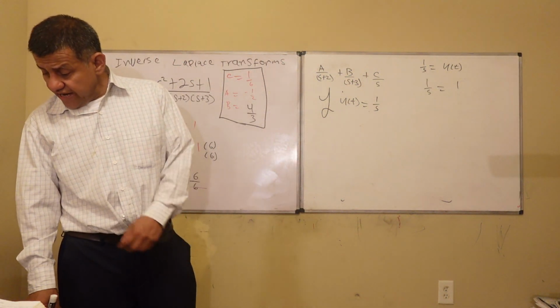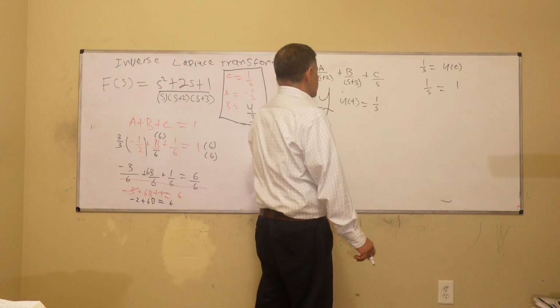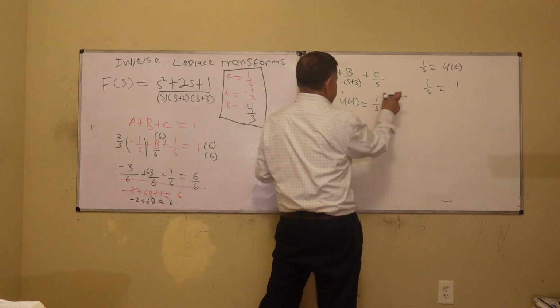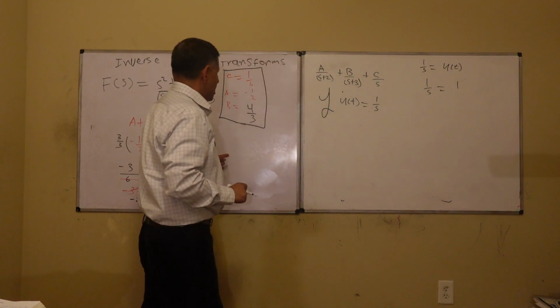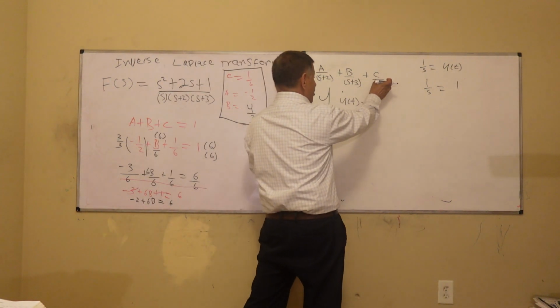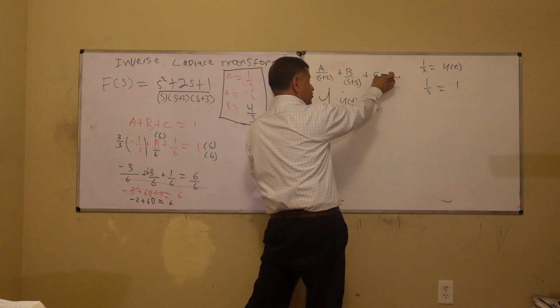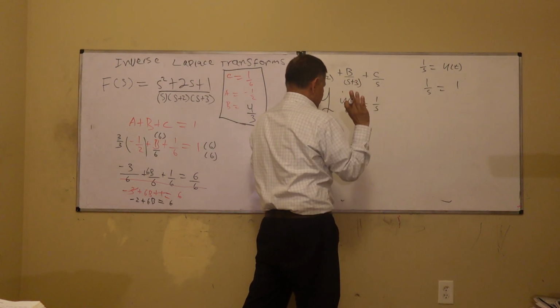Now what is representing the 1 over s? Like I said, it's representing this guy, which is that guy, right? If you factor out 1 over s, this is 1, you factor it out, you will get this, multiplied by c.